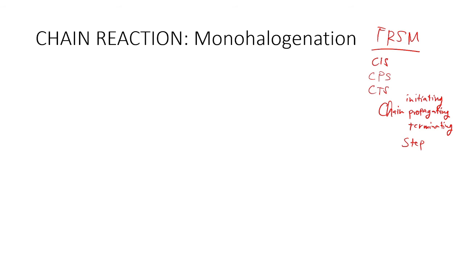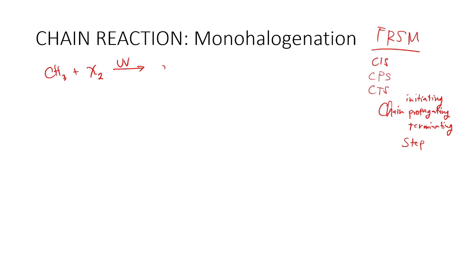So, to do this, let's use an example wherein we will be using the simplest alkane, which is methane. So, if we have methane and we react that methane to a certain halogen, say X2, okay? And we expose that to UV light or high temperature, kung ano man yung ginamit natin.